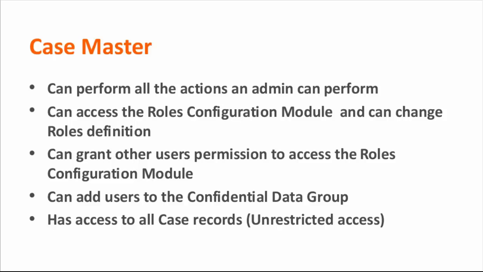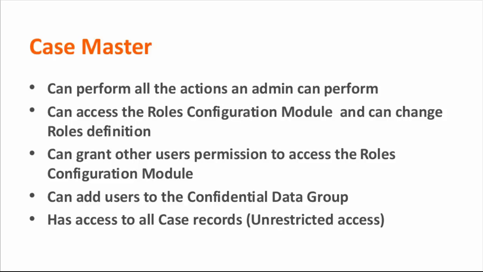So one other thing we talked about was on the people record, we have the confidential information like the date of birth and other things. There is a certain group created called the confidential data group. A person who belongs to this confidential data group will be the only person who will be able to access the confidential data. Even if you are an admin, we are not exposing that information to you by default.